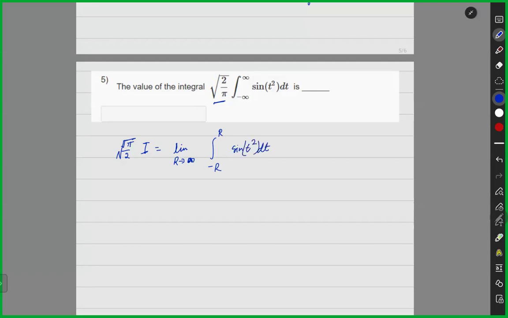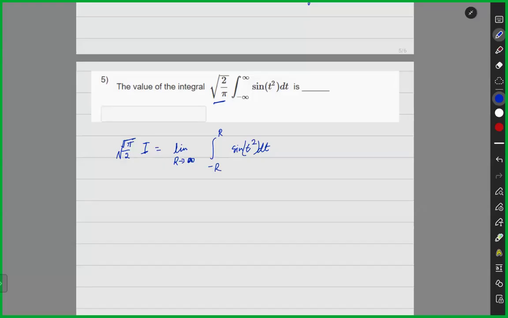No, in the classroom, this was not a similar question. Sorry, my fault. The integral was given from 0 to infinity; it was calculated from 0 to infinity. Now here we have minus infinity to plus infinity.